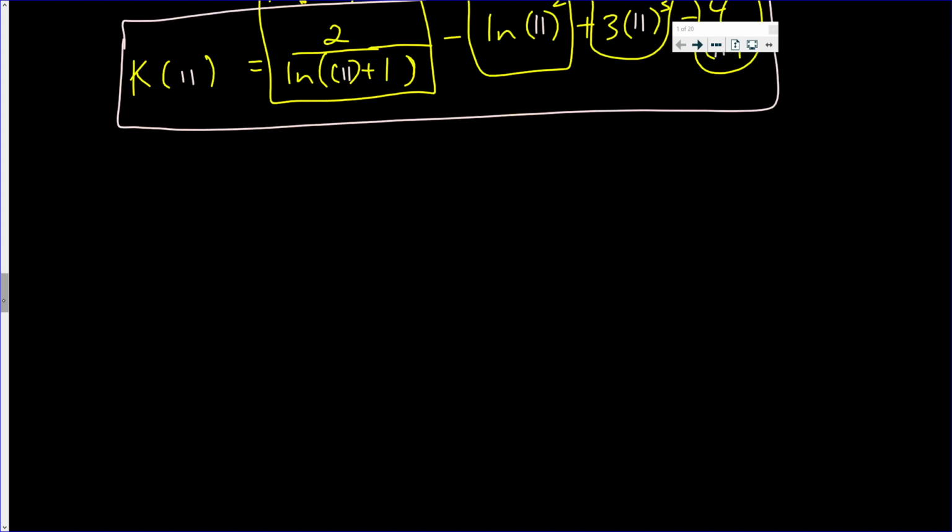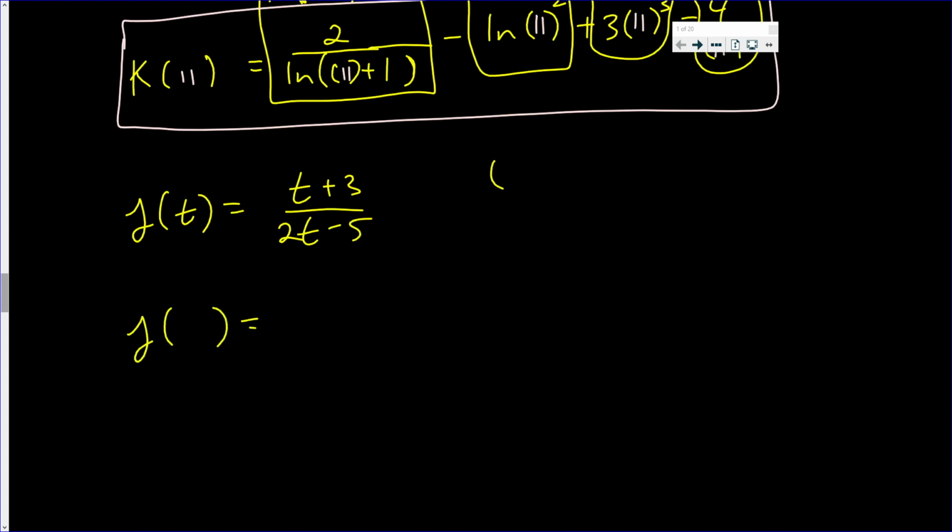One more. If they tell you that j of t is equal to t plus 3 over 2t minus 5, you can write j of t, and just like x, write t this way. T plus 3 over 2t minus 5.